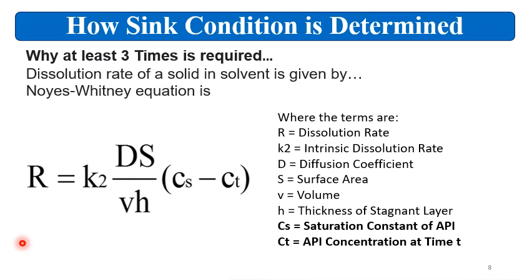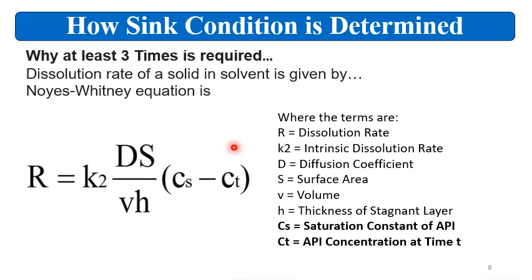it is given as R is equal to K2 into DS by Vh, in bracket Cs minus Ct, where R is the dissolution rate or rate of dissolution, and it is dependent on the intrinsic dissolution rate, then the diffusion coefficient, the surface area, volume, and the thickness of the stagnant layer.